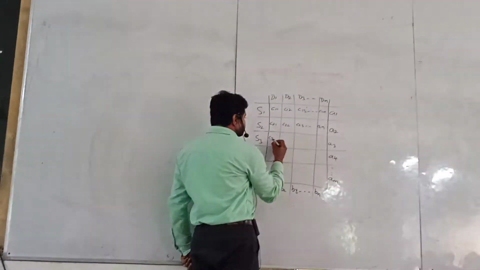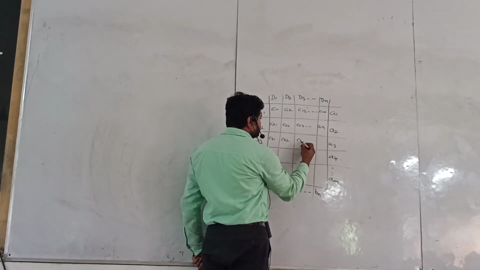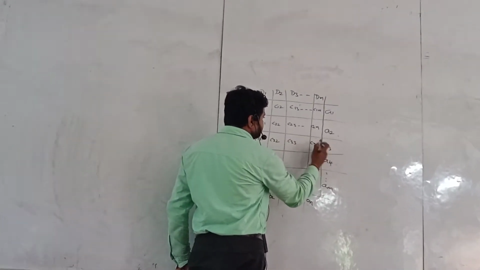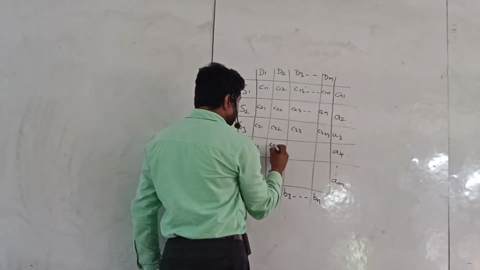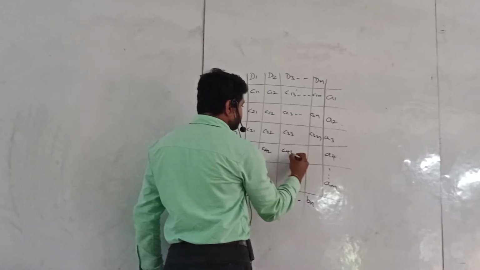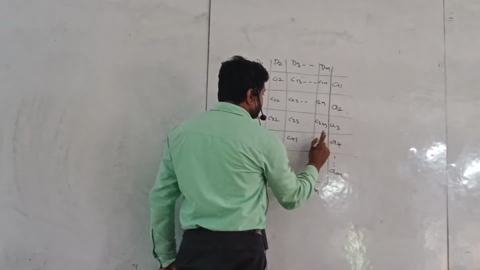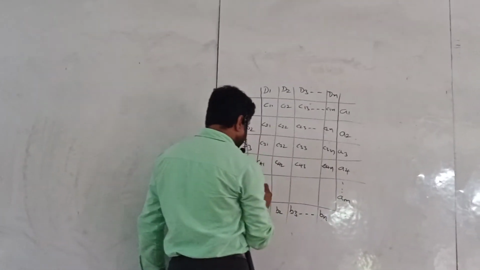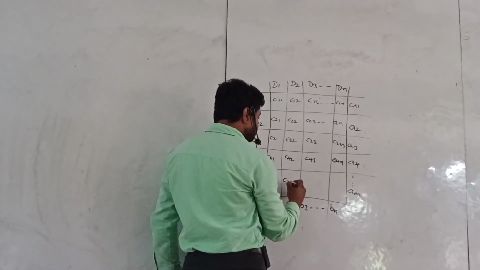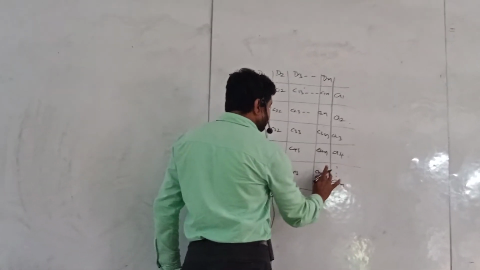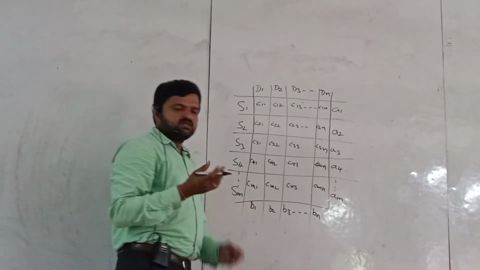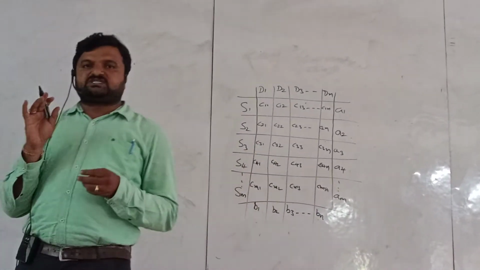Likewise, you can write C31, C32, C33, and so on, C3n, then C41, C42, C43, C4n, Cm1, Cm2, Cm3, and so on, Cmn. These are the transportation costs.